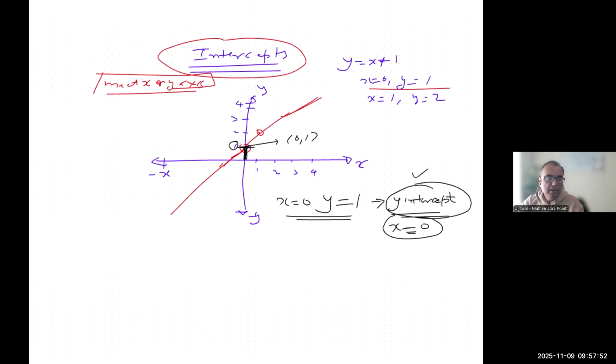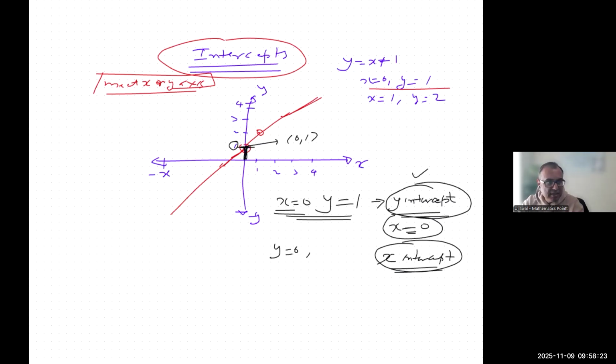Now, the way the y-intercept makes x 0, similarly your x-intercept does the opposite. It makes y 0. So the x-intercept is that point on the straight line where the line meets the x-axis.